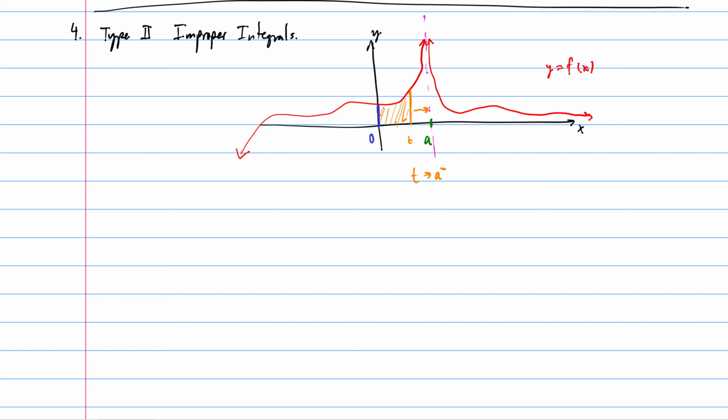It's very similar to the other case, except now you're worried about your infinity happening in the vertical direction. So let's suppose that we have some function y equals f of x whose graph has a vertical asymptote at x equals a.